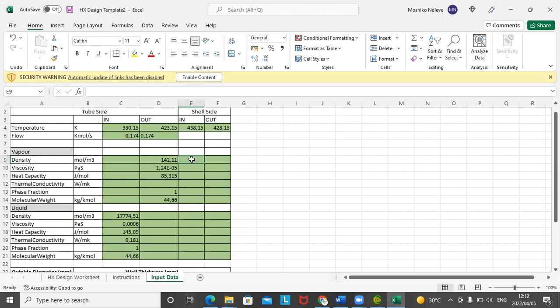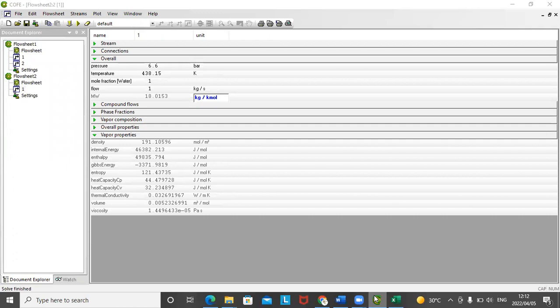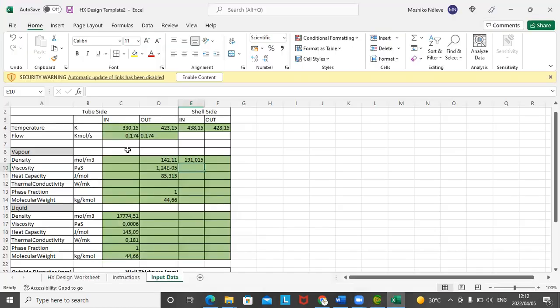Coming in, it's just vapor. Next we look at the viscosity, which is 1.44 times 10 to the negative 5.